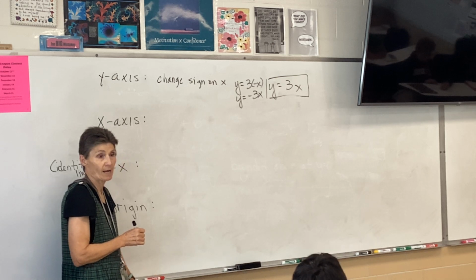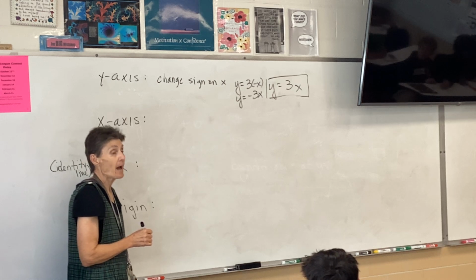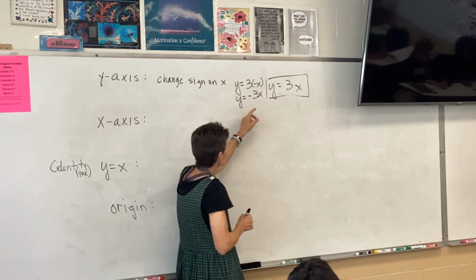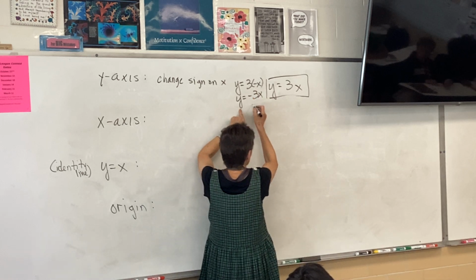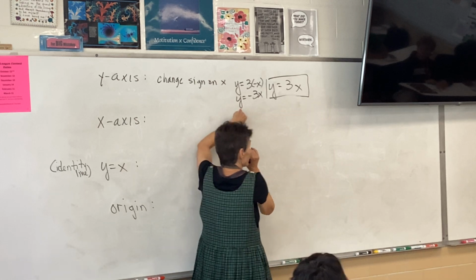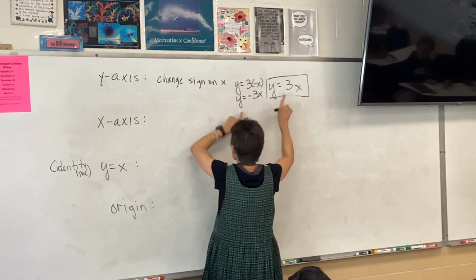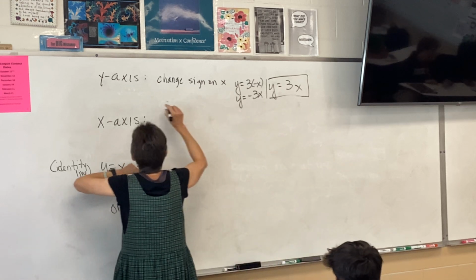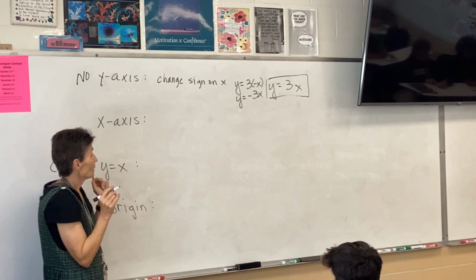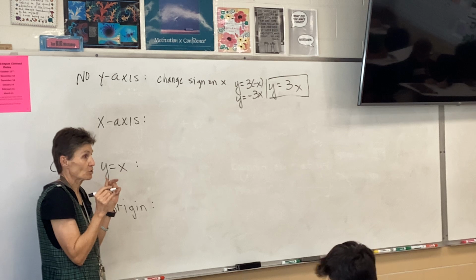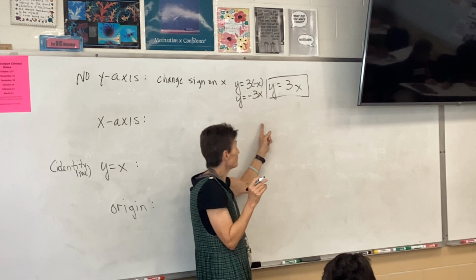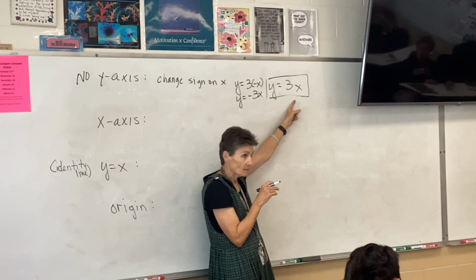Did I get an equation that's exactly the same as my original? No. So this one has no symmetry about the y-axis. If it has symmetry, when you get your new equation, it matches the original.